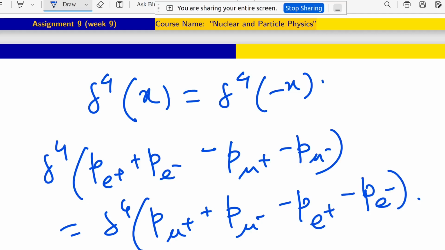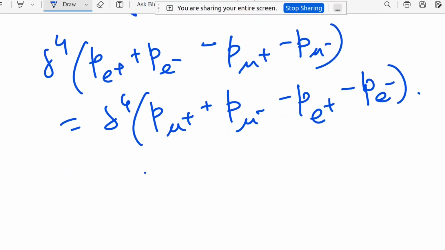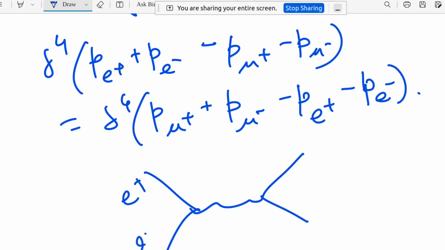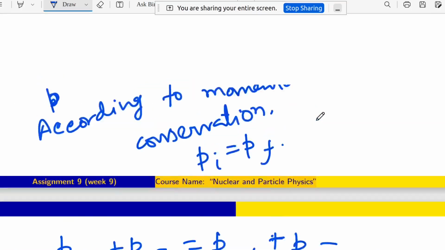Now you can see this is the correct option for the expression e+ e- going to μ+ μ-. So now we have to see which option will be the correct one, μ+ μ-, e+ e-.